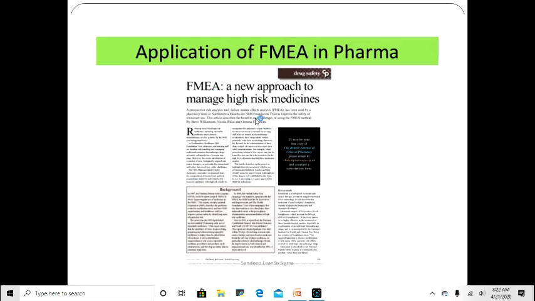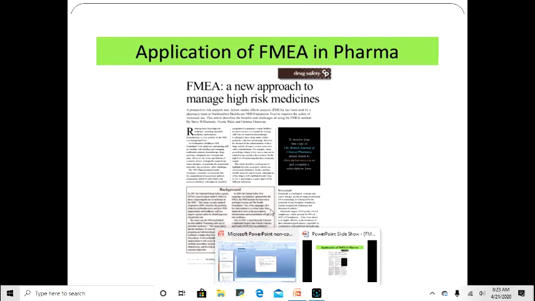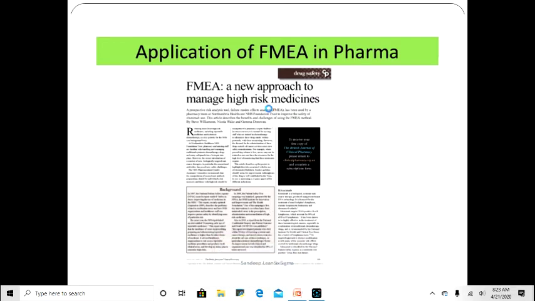These may be the dangers associated with the pharma product, especially with the medical devices. It may be inappropriate testing and inappropriate detection of the specimen, etc. FMEA is widely used in analyzing the risk with respect to the medicines as well as the medical devices.